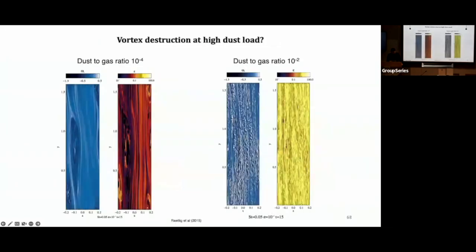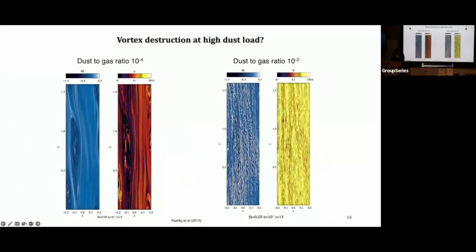We end up seeing that at some points, you concentrate so much dust that you disrupt the vortices. This is what you see here if you have a dust to gas ratio of 10 to the minus 2. So you don't see anything else in the midplane anymore. And then at 10 to the minus 4, you still see some trapping happening there.